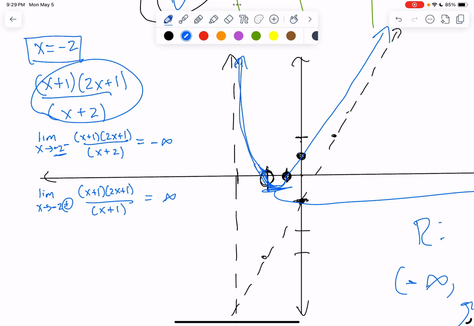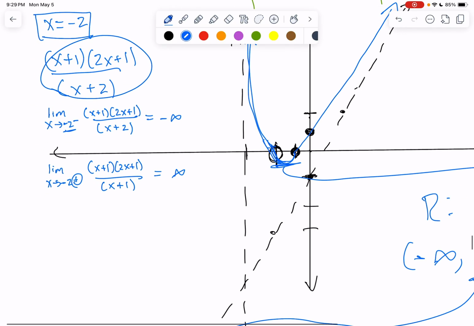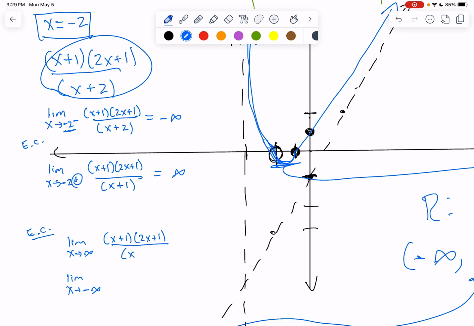And then when you do the tails, I'll do those in red. This is extra credit. You're not required to do this. The tails, the slant or the HA, you would do the limit as x approaches infinity and negative infinity, but they're going to be the same thing. So this one, you have x plus 1 times 2x plus 1 over x plus 2, and it approaches either the HA, which is a number, or in this case, it approaches the slant asymptote 2x minus 1.